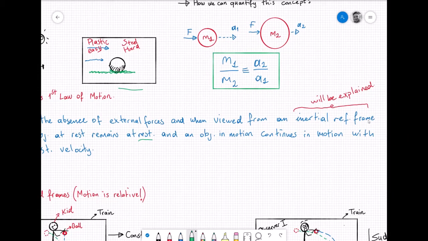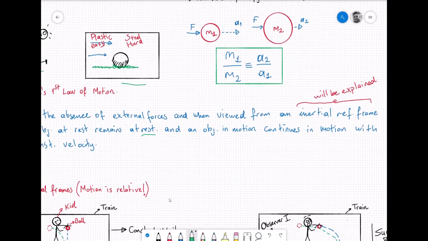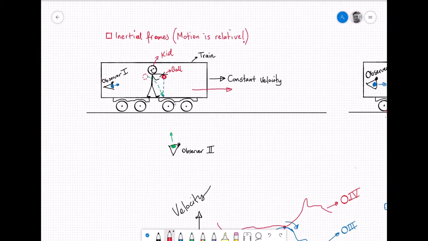Okay, let's talk about inertial reference frames. To understand the inertial frames, let's take a look at those examples.